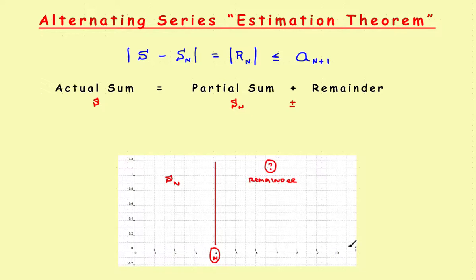If you picked n, then the next term in the series would be this n plus 1, and as it turns out, the sum of all the remaining terms in the remainder will be less than or equal to this next term, this a sub 5 term. So that's what this actually means right here. The total remainder is going to be less than the next term, so this would be a sub n plus 1.